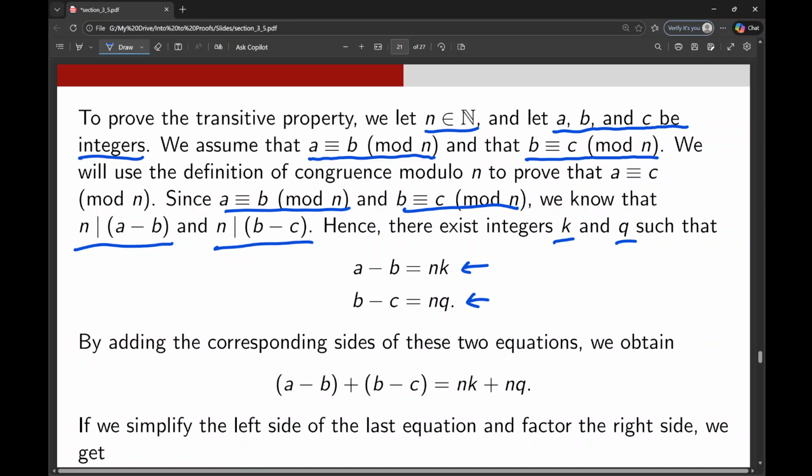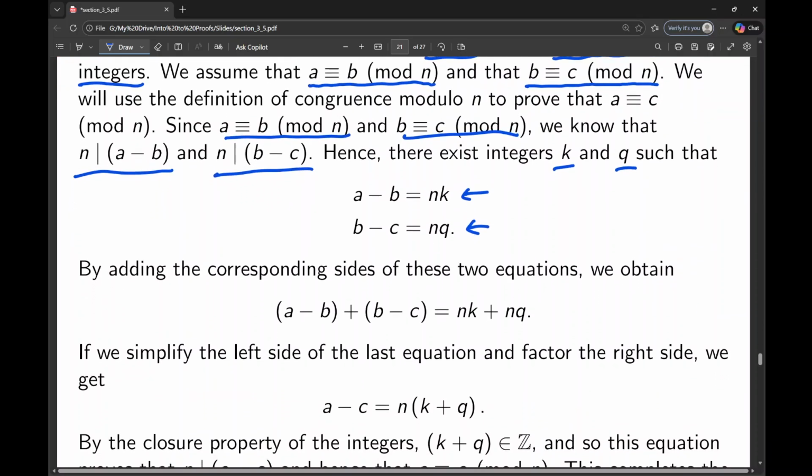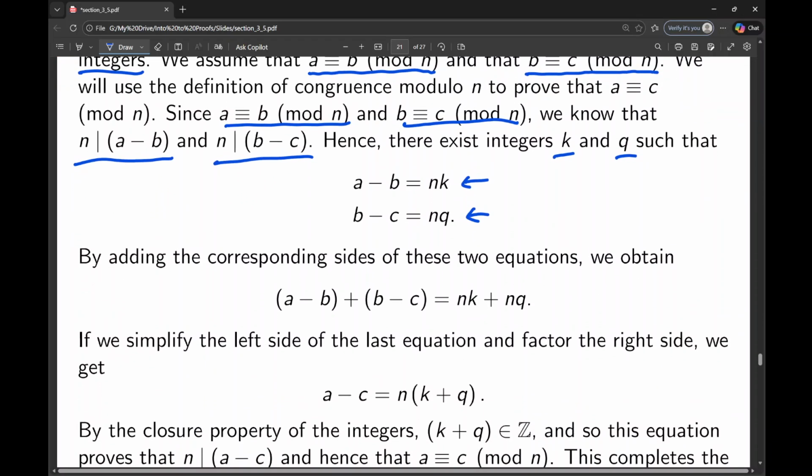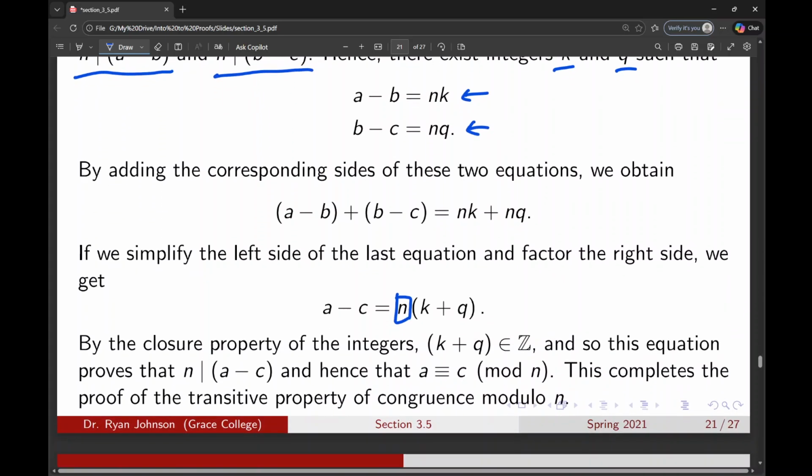I can add those equations together because now I'm in the realm of equations of high school algebra. So I add them together, and then look, I can factor out an n, and that means that n divides a minus c. And that means that a is equivalent to c mod n. All right, and that's what I was trying to prove.